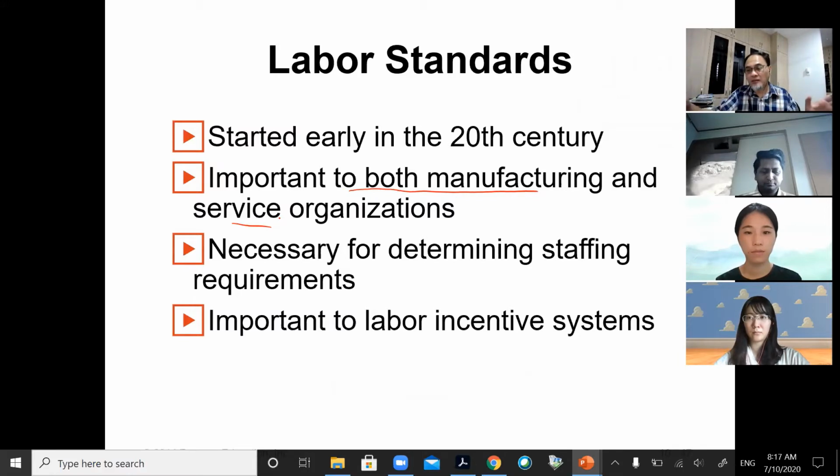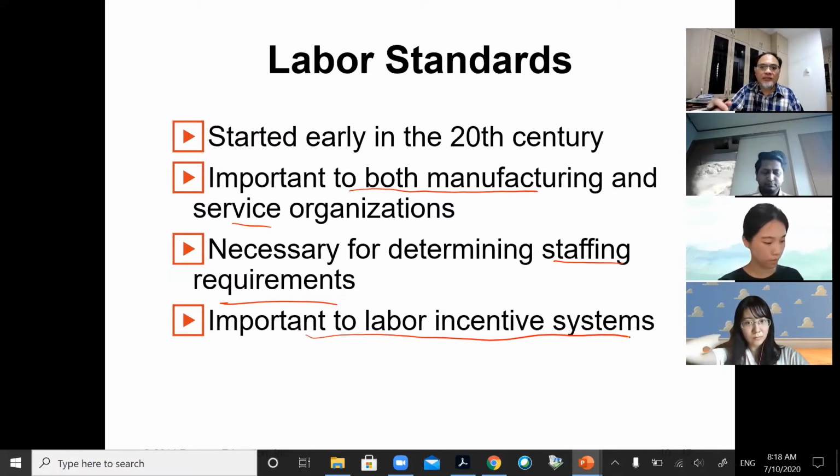You know the car, right? How to fix the tire on the production line. And of course, you want to know the time standard because it will help you determine staffing requirements, and also for giving an incentive system. Last week, I think, we mentioned the garment industry, textile.